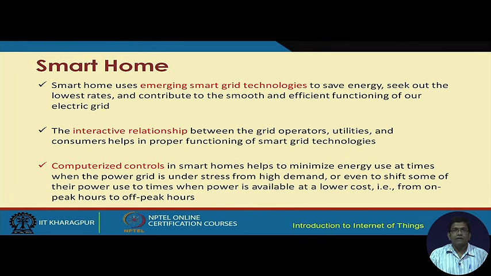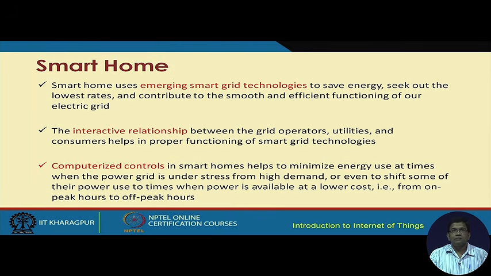And in a smart home, there are different computerized controls that help to minimize the energy use at different times of the day from the power grid. And if the power grid is under stress, that means there is high demand, then this power load can also be shifted in a smart home.